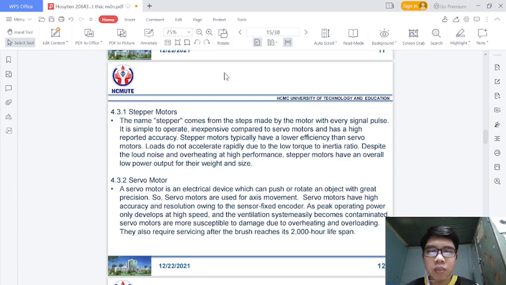Stepper motors typically have lower efficiency than servo motors. They do not accelerate rapidly due to a low torque to inertia ratio. Despite the loud noise and overheating at high performance, stepper motors have an overall low power output for their weight and size.